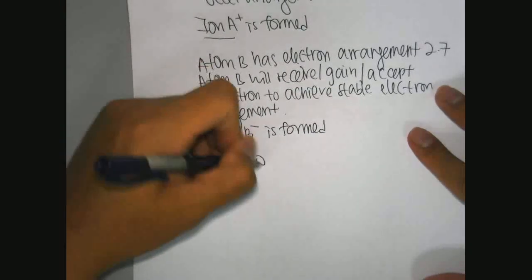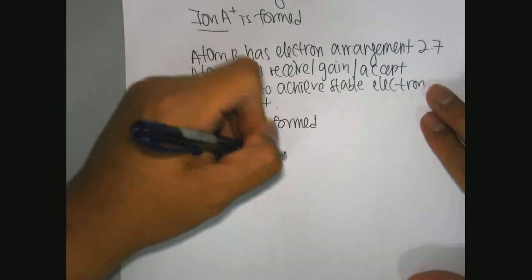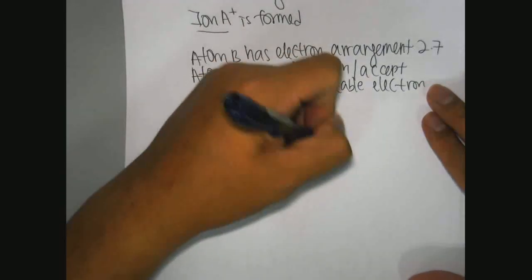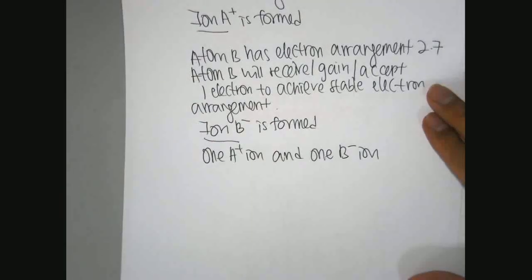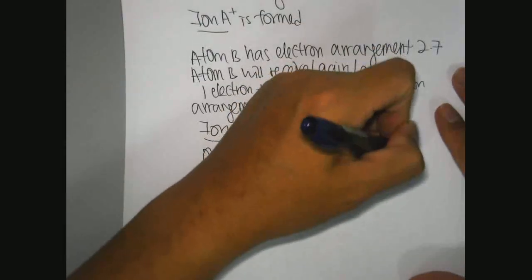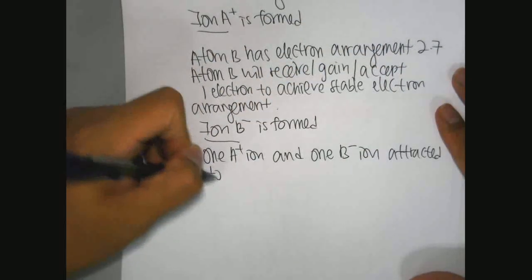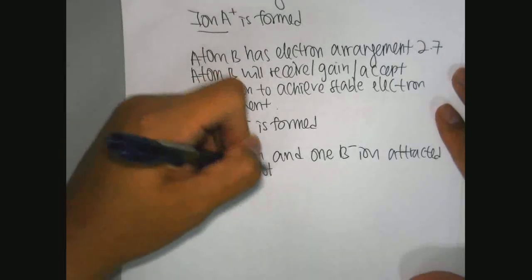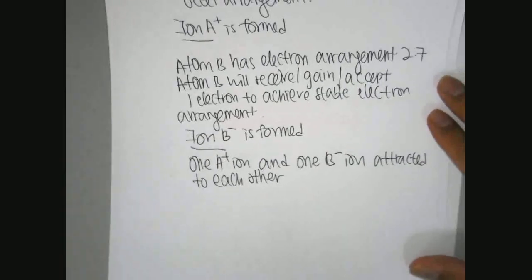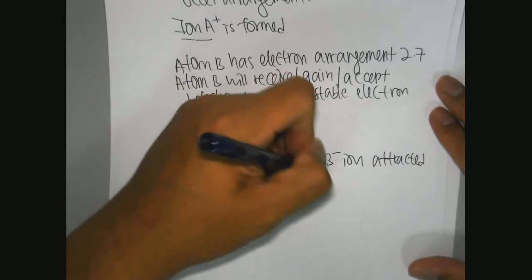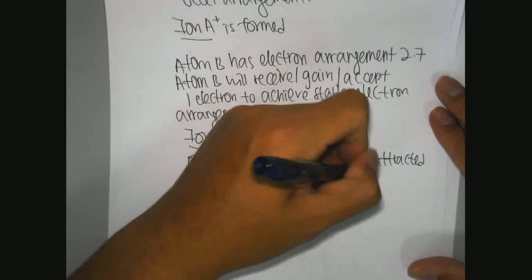A plus ion and also B minus ion. So they will be attracted to each other. The ions are attracted to each other by electrostatic force.